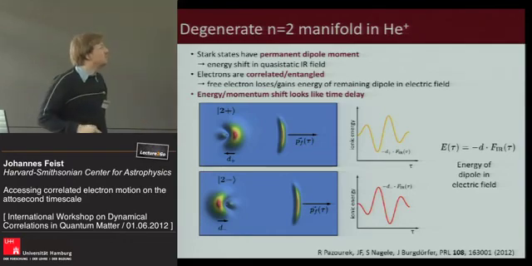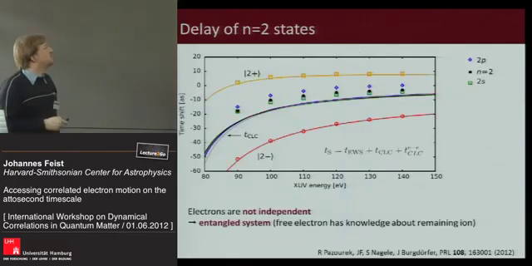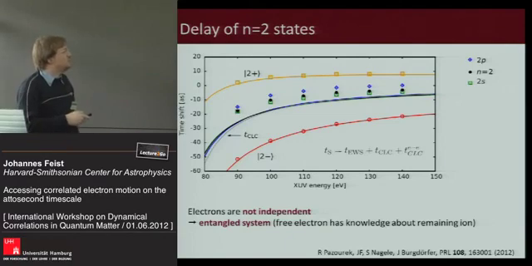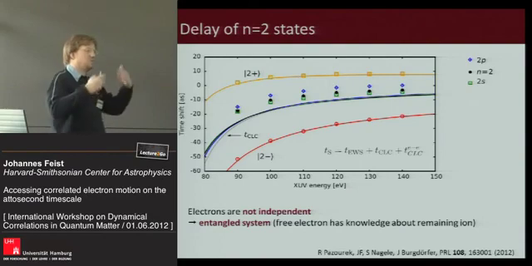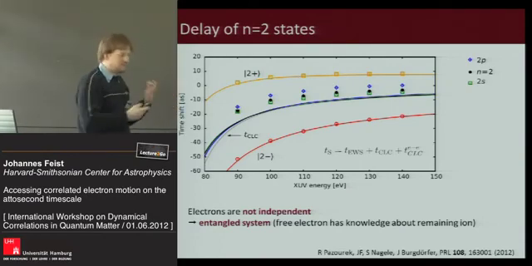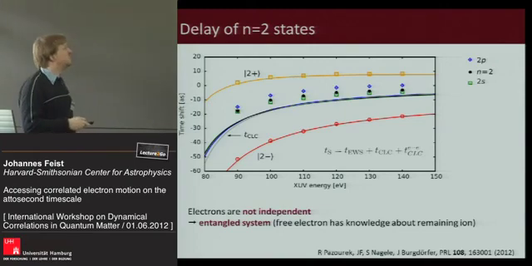If you include this, you really get a perfect agreement between the shift you extract from the numerical simulations and the prediction from the model, where you now include this electron-electron Coulomb laser coupling, where the electron-electron interaction is modified by the presence of the infrared field.